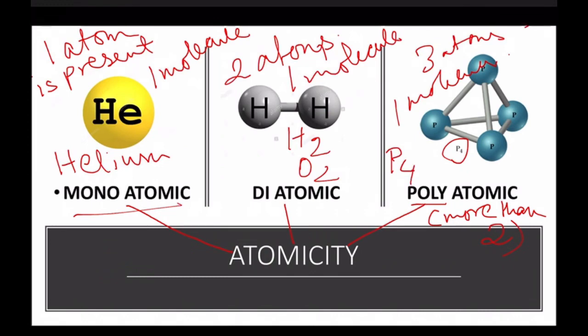Four atoms of phosphorus are present in one molecule of phosphorus, and also ozone, O3. Three atoms of oxygen are present in one molecule of ozone. So this is what is atomicity. Atomicity is represented by the subscript with the formula of the element.